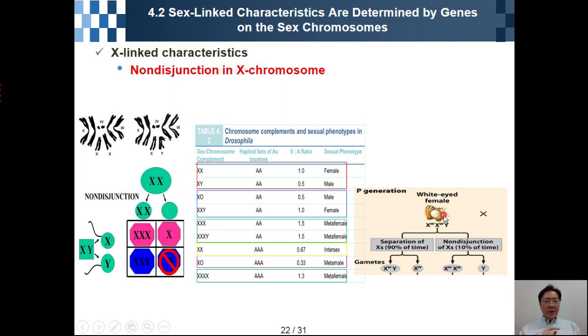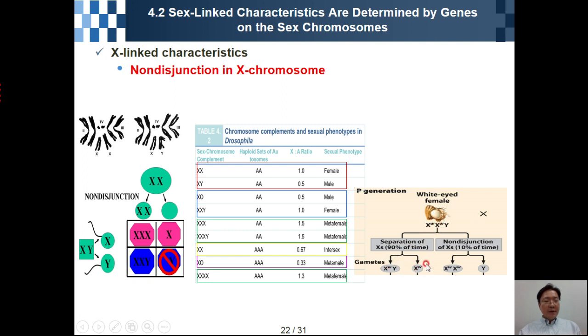So this is one example which has white eyes, but they have XXY. Because white eye is recessive, the genotype will be X^W X^W Y. Usually 90% of the time they will make one X and one Y, and finally another X^W.